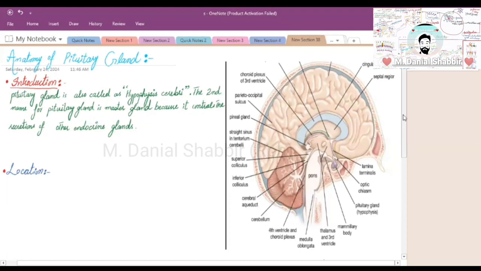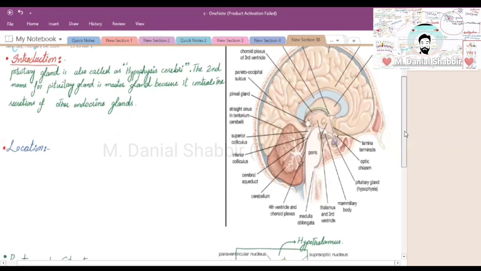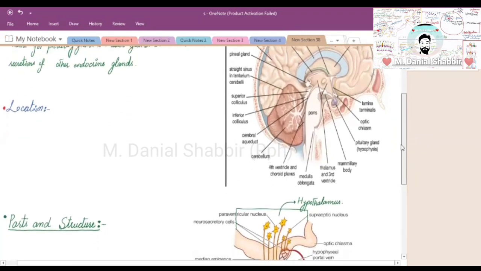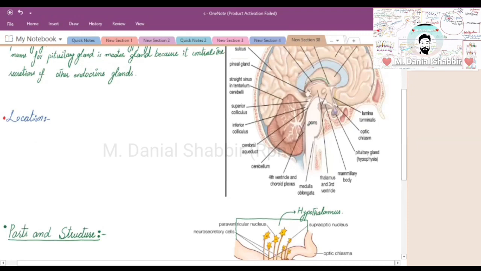Now come to the next point, that is the location of the pituitary gland. As you can see in this diagram, everything has been shown here. First let me write the location, then I will tell you where the pituitary gland has been placed in our brain.